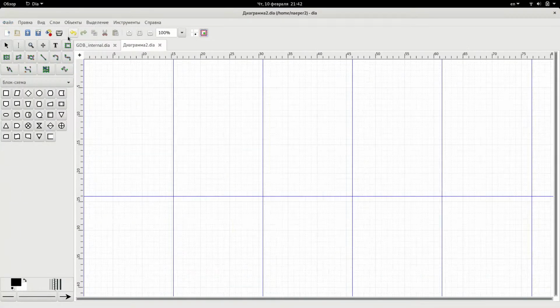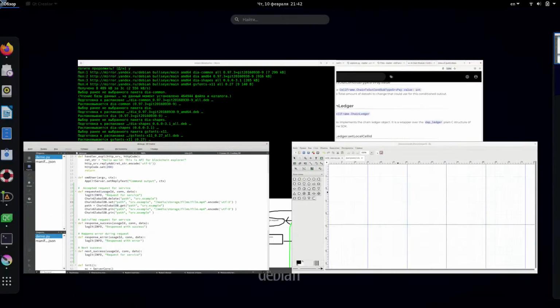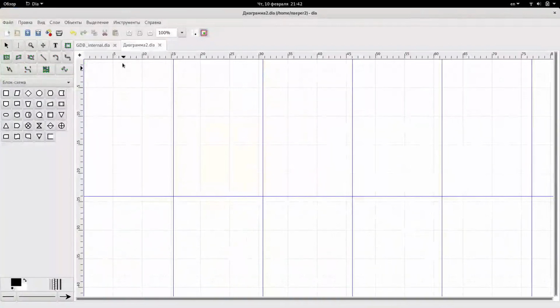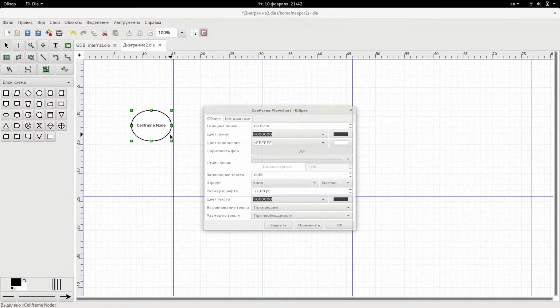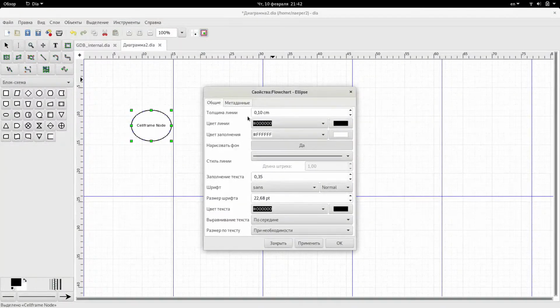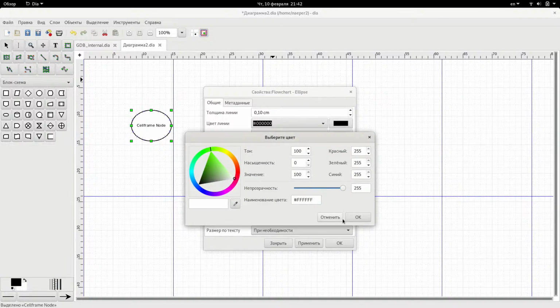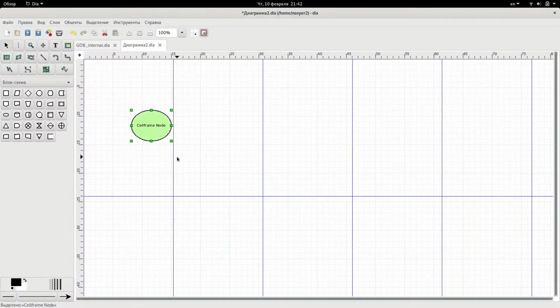Let's create another diagram, and we could switch between them. And here I want to draw nodes. Frame node here. Maybe this color.